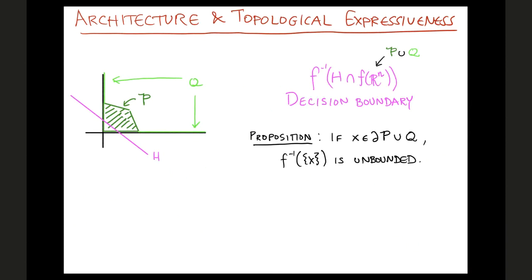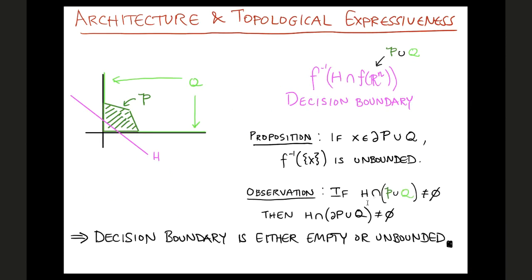So if your hyperplane intersects this image at all, then it has to intersect the lower dimensional stuff, and the lower dimensional stuff has unbounded preimage. So the decision boundary is either empty or unbounded.